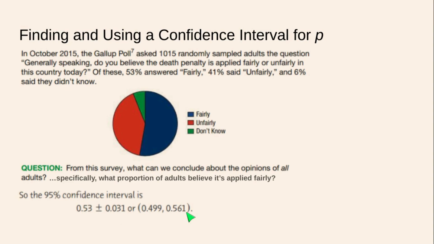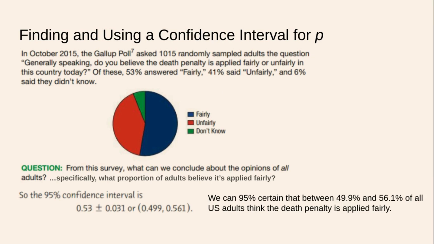All right, so that is our interval that we are 95% certain would give us the true proportion of people who said it is fairly administered. So we can be 95% certain between 49.9% and 56.1% of all U.S. adults think the death penalty is applied fairly. That is what our confidence interval tells us. That is a practical, a bit casual interpretation. Okay? Moving on.